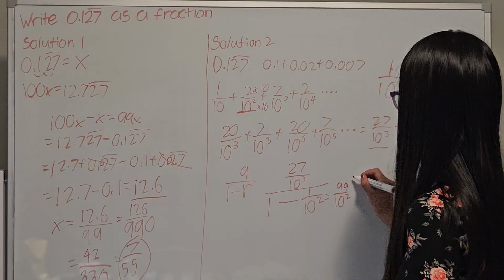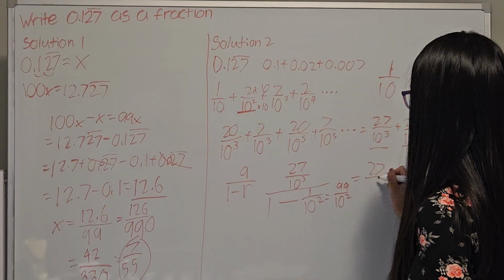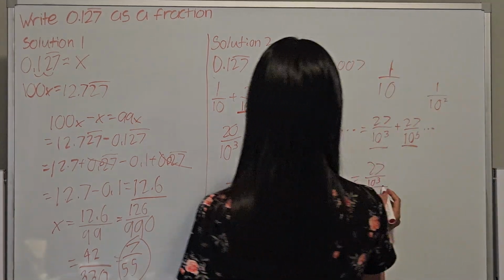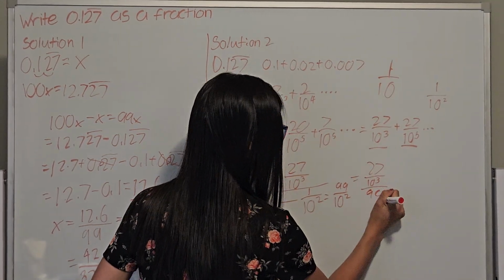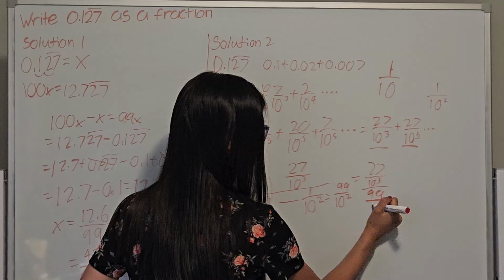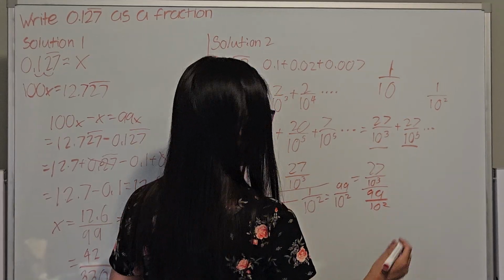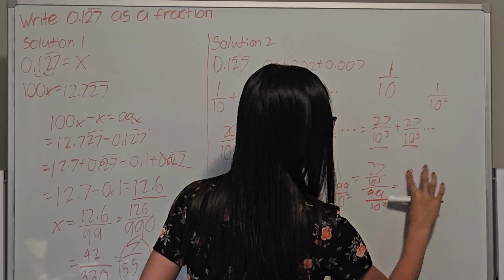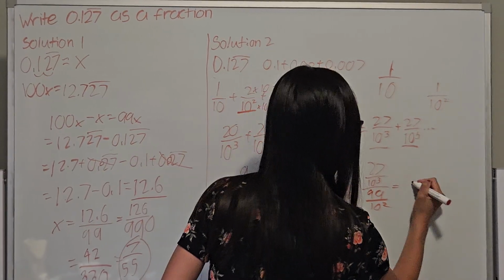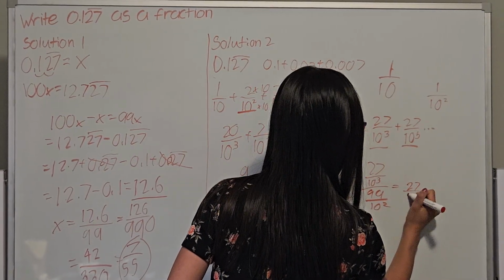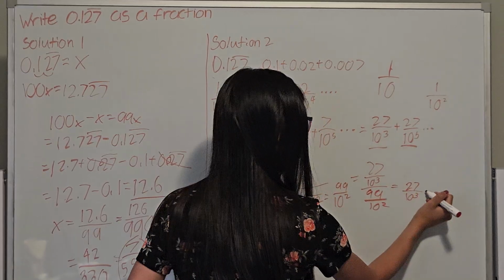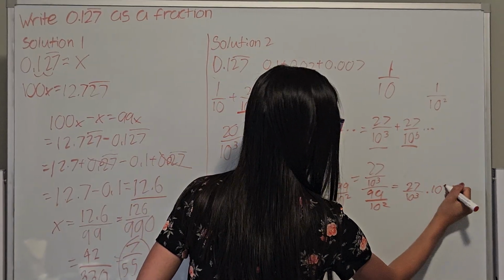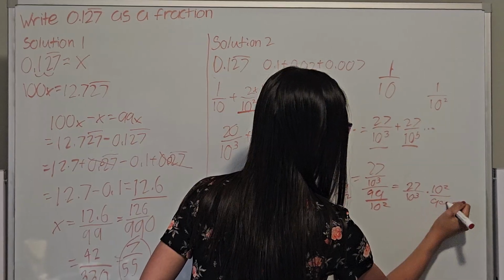So this will equal 27 over 10 cubed times the reciprocal of the denominator, which is 10 squared over 99.